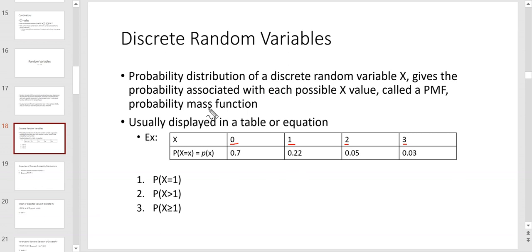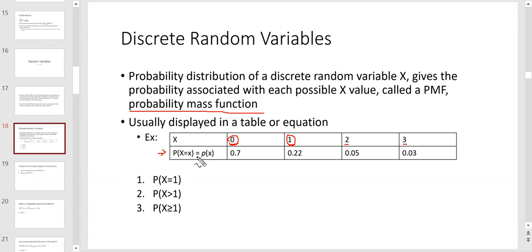Then to complete this and really make this a probability mass function, we have another row here which gives us the probability of each of these possibilities. This row is labeled the probability of x equaling a particular value. Notice the lowercase uppercase distinction.